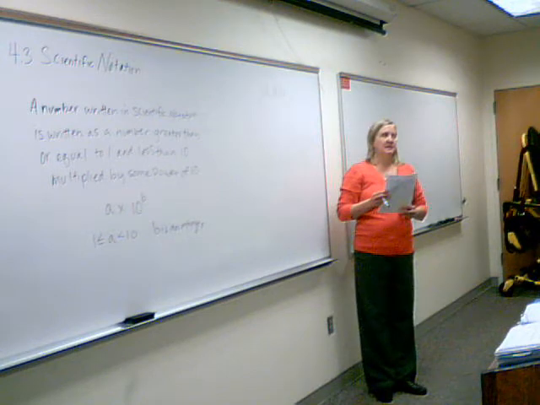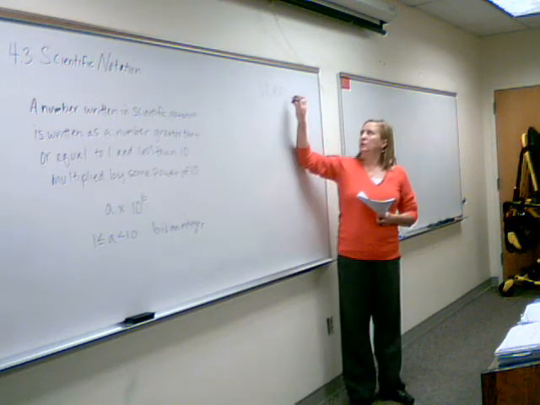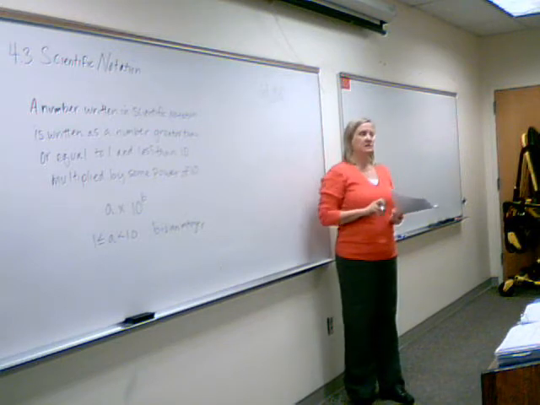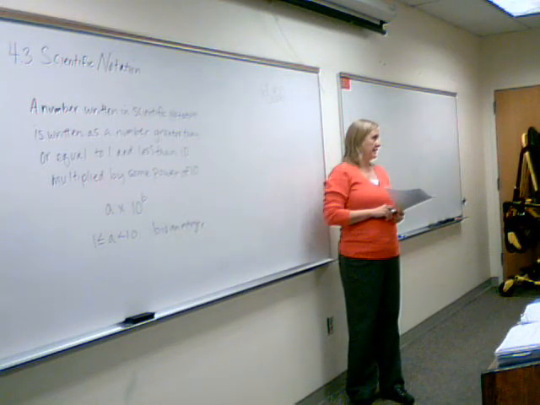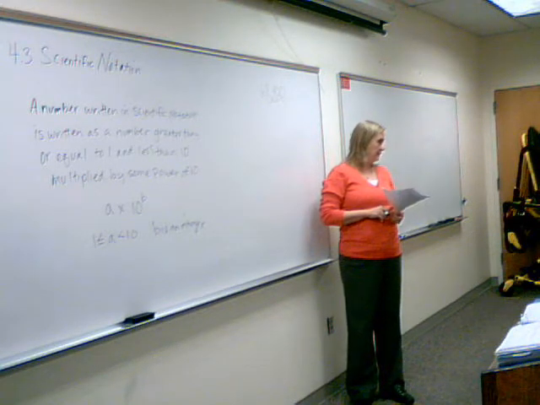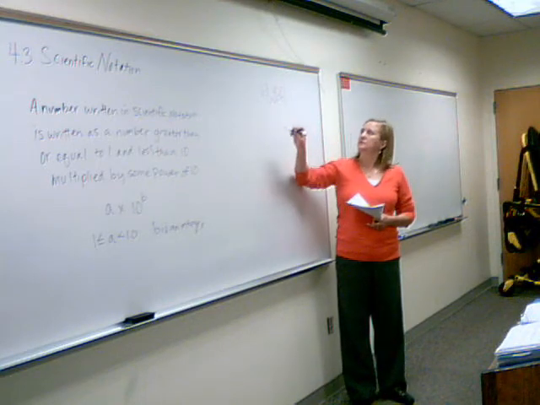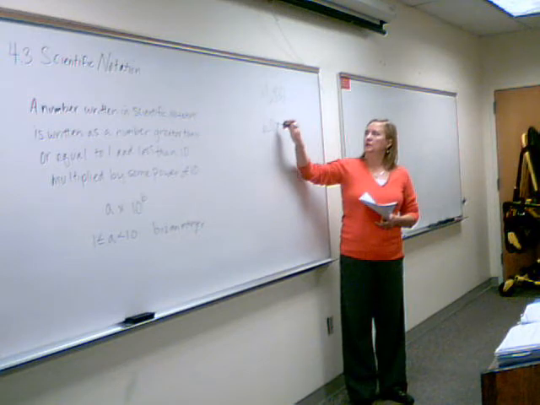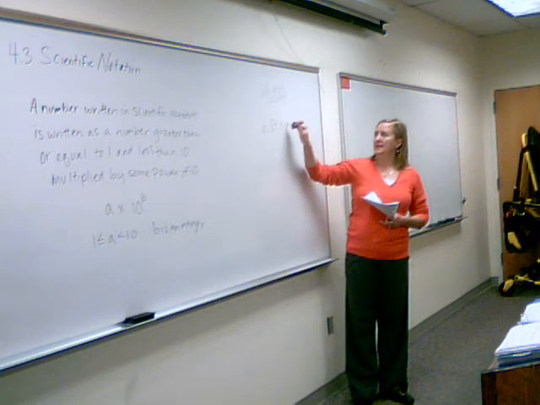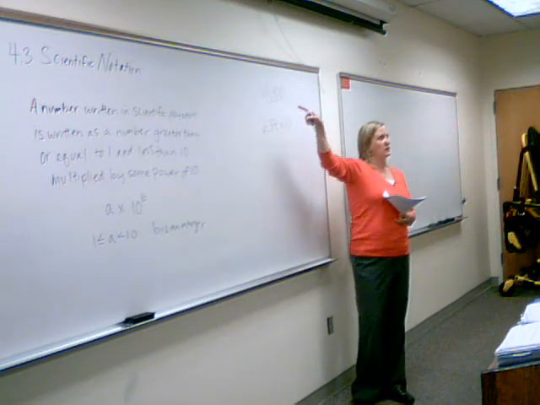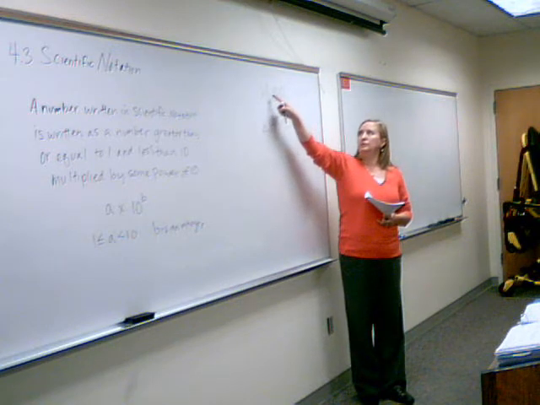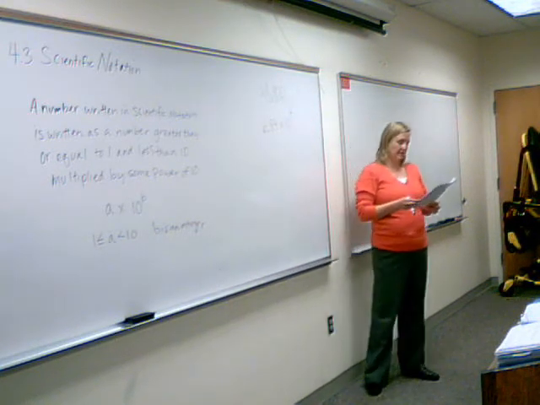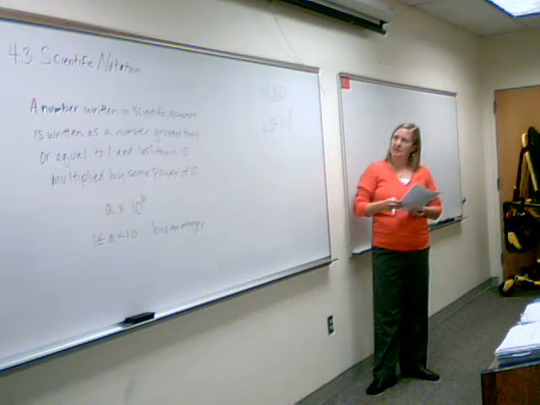To write it in scientific notation, we move our decimal point until there is one integer in front of the decimal that's between 1 and 9. We say 6.84 times 10, and then we count how many times we moved it: 1, 2, 3, 4 times to the left. So this is scientific notation of this number.